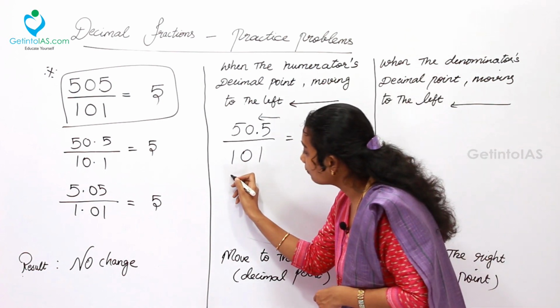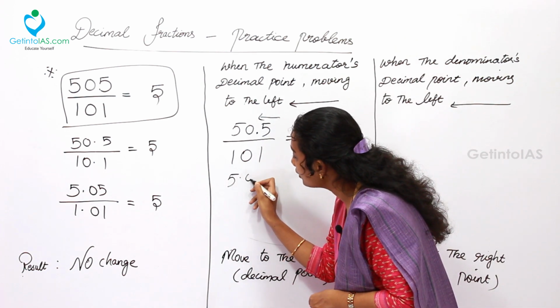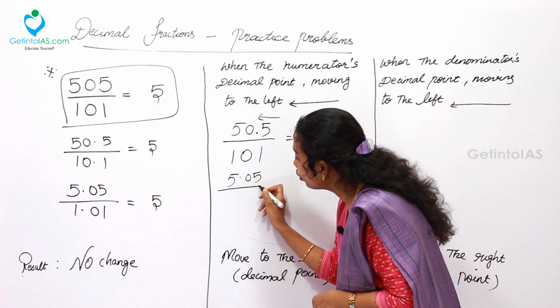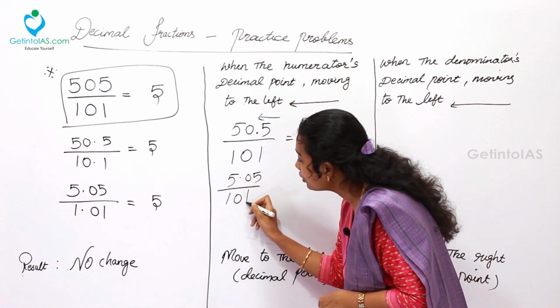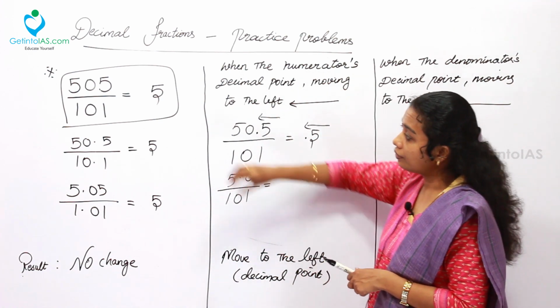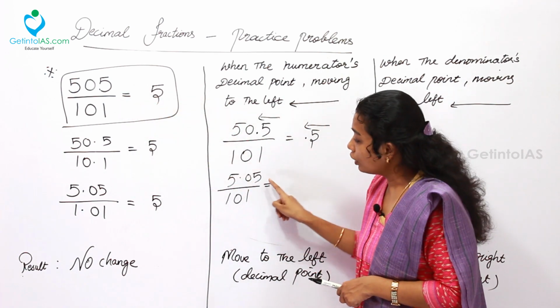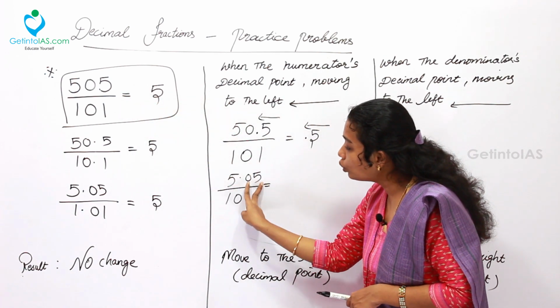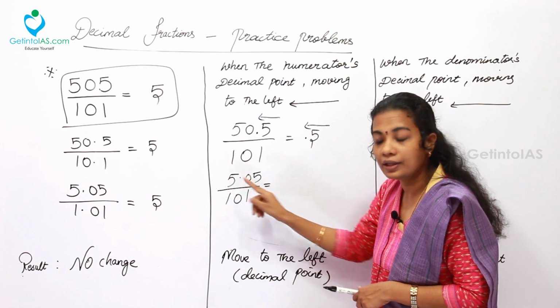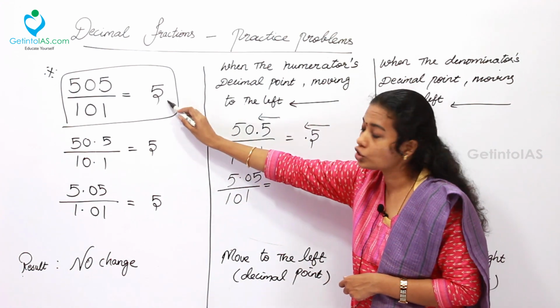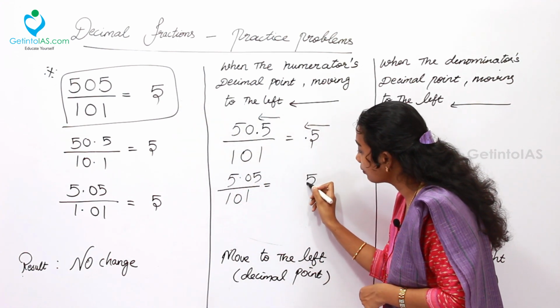Now, another thing, 5.05, the whole divided by 101. What was it earlier? 505. From that point I have moved the decimal point two places. So what will happen? The actual result is 5.